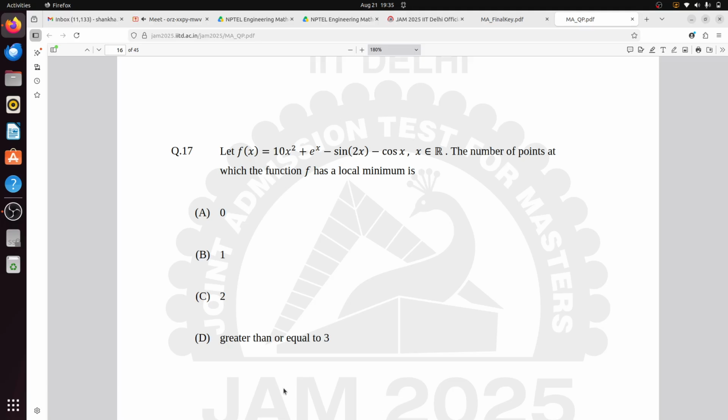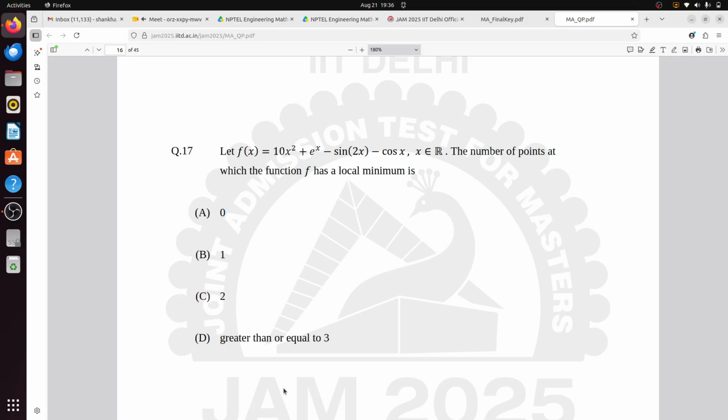Now, 20x plus eˣ, for a local minimum, it should equal 2 cos 2x minus sin x. It should satisfy this. Now 2 cos 2x minus sin x will be a wave, and 20x plus eˣ will eventually blow up as x approaches infinity on both sides. So they will only equal one another when x equals 0. That means only one. x equal to 0 is the local minimum. Yes, x equal to 0 is the local minimum.